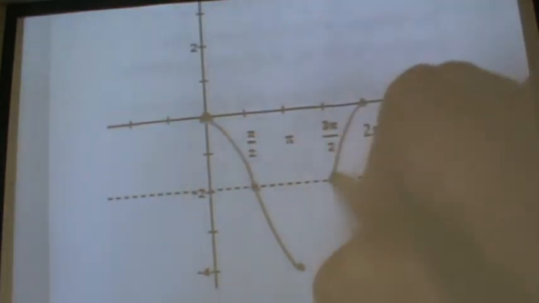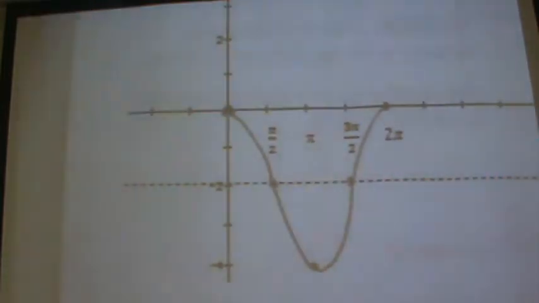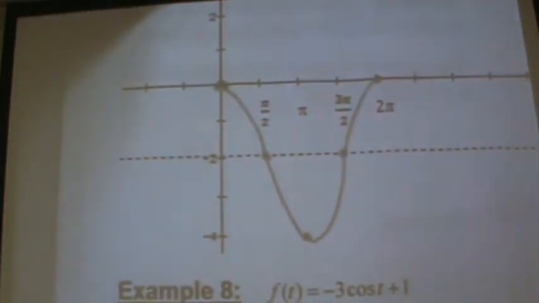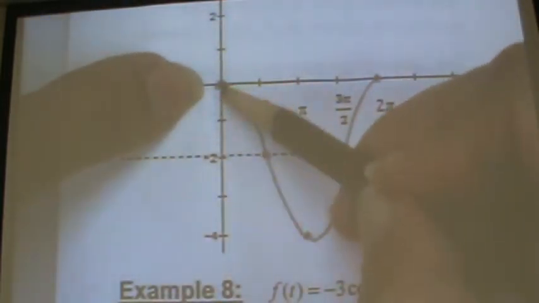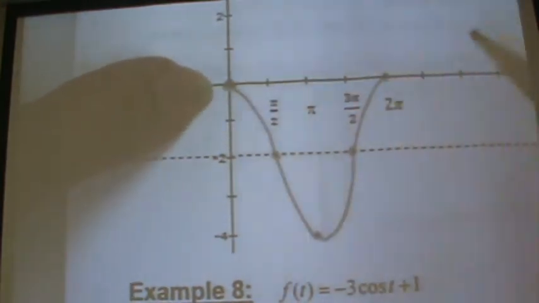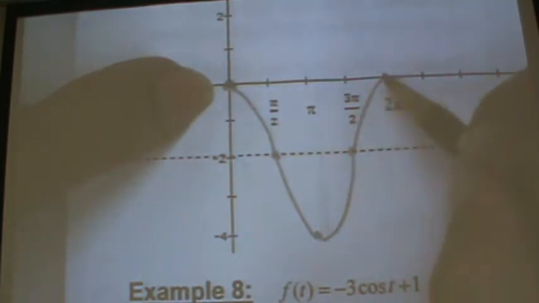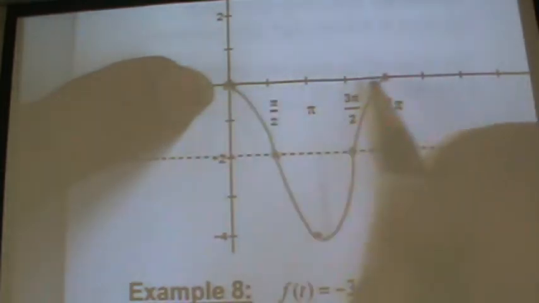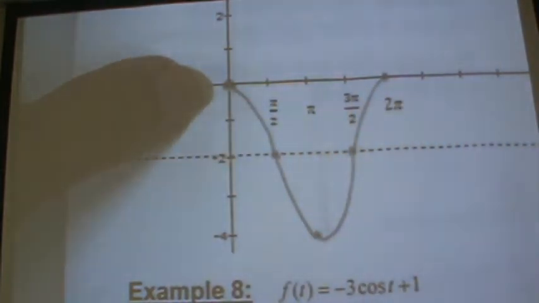So this is what one period of this graph looks like. It's 2 units off the x-axis this way and this way. Do you see it? Now you could keep going, but this is just one full period from 0 to 2 pi.